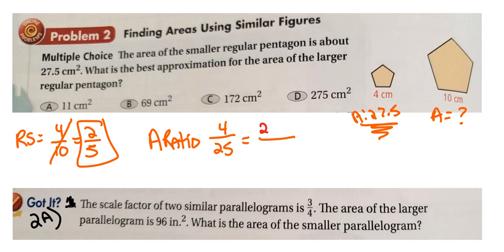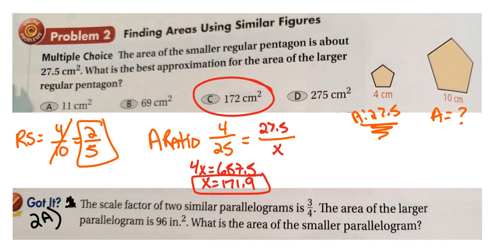So this is going to be 27.5 up top, x on the bottom, and then we cross multiply and solve. 4x equals 25 times 27.5. We get 687.5. Divide that by 4. We get x equals 171.9. All right, and 171.9, it says what's the best approximation? So our answer would be C.